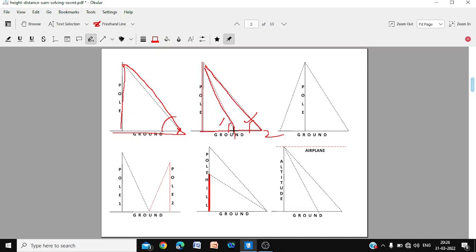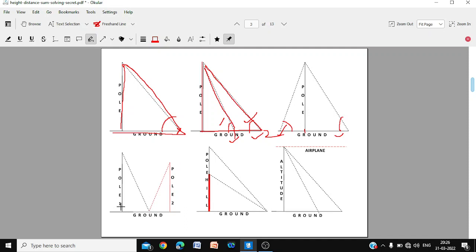Observing the building from nearer the base, the angle of elevation would be greater. Observing the building top from far away from the base, the angle of elevation would be smaller. Here we have the same thing, but we are observing it from two different points on opposite sides. Here the two different points were on the same side. Here two different points on the opposite side, and we are getting two angles of elevation.